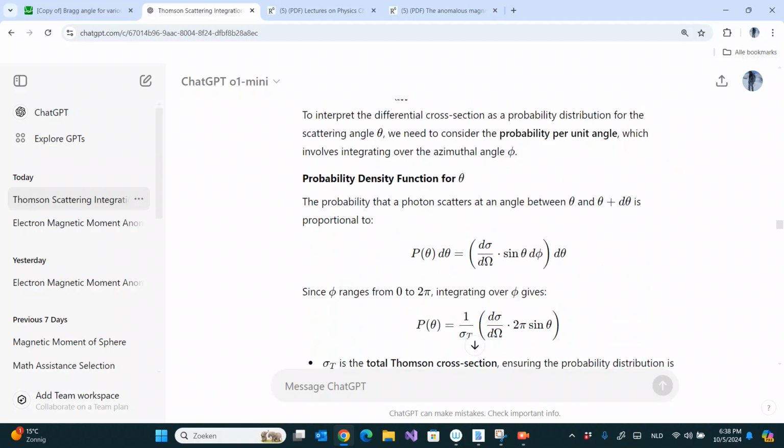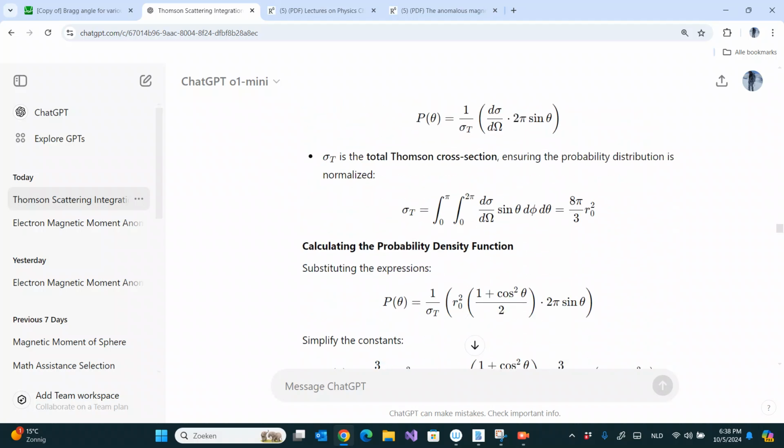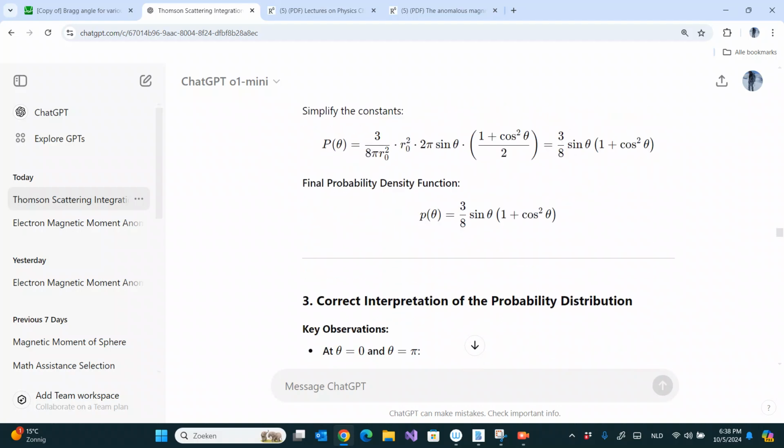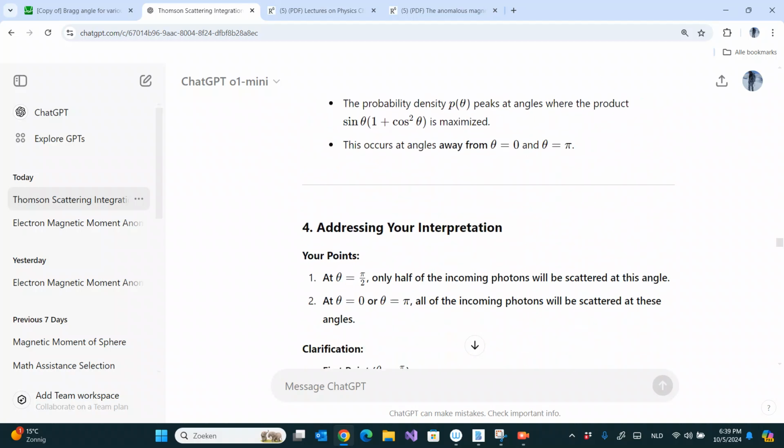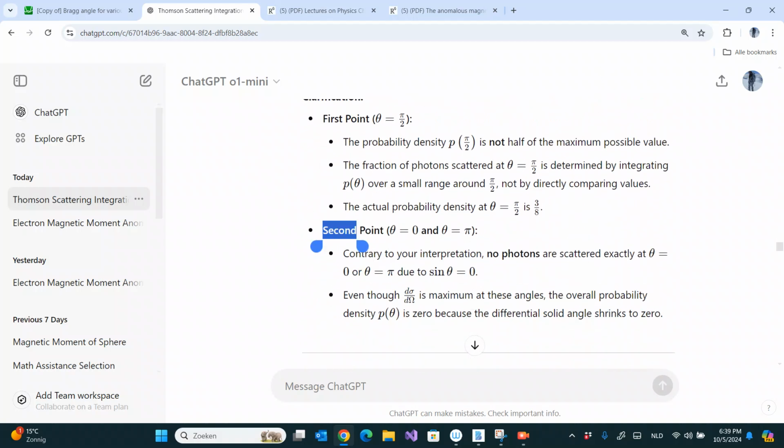And so we have a Thomson scattering cross-section formula that involves a domain of the function which goes between 0 and pi, and not between 0 and 2 pi.